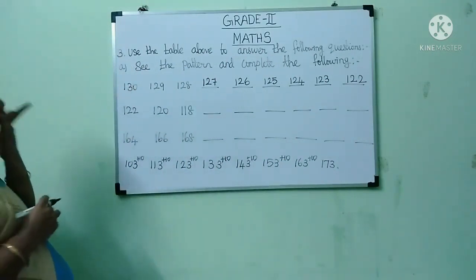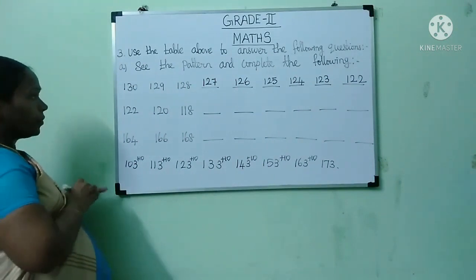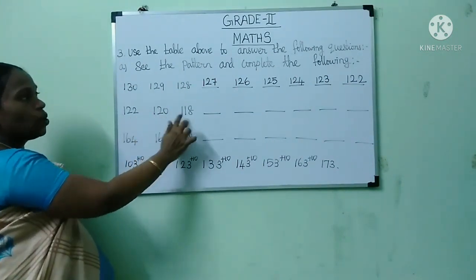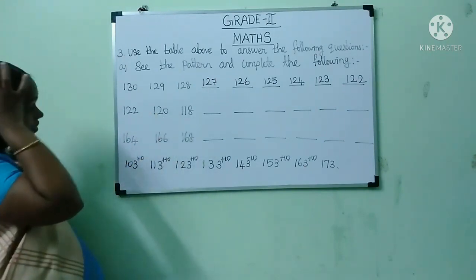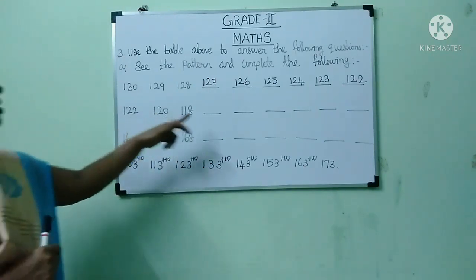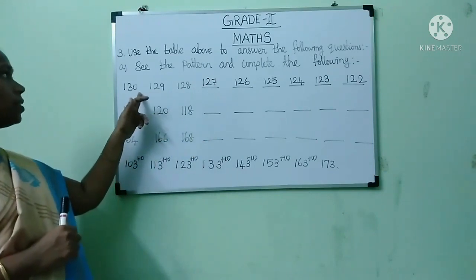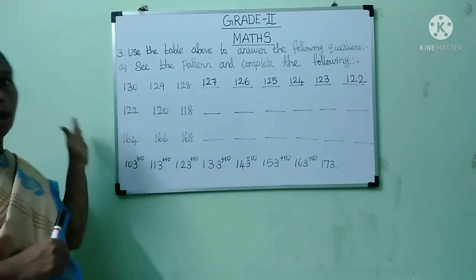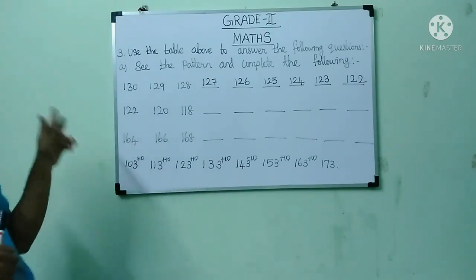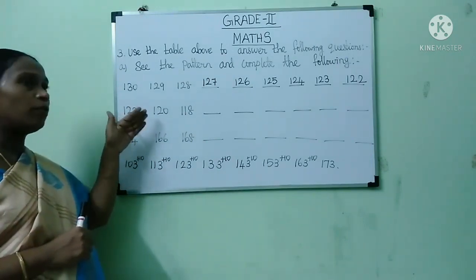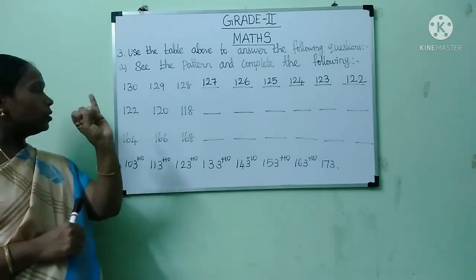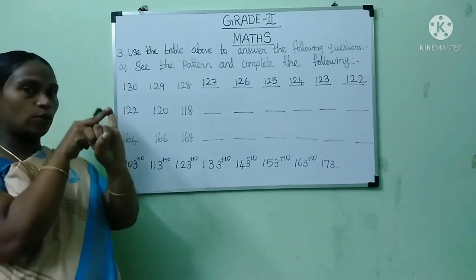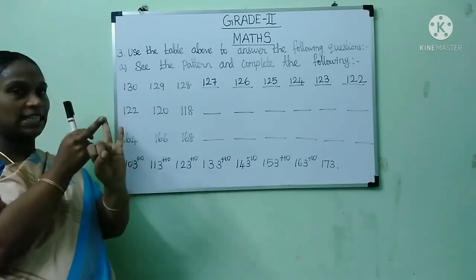Okay, the next one: 122, 120, 118. So how to write this next number? This is also a before number, but it is before 2 numbers. 122 before 2 means 121, 120.